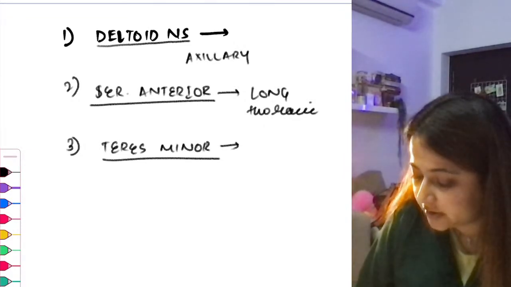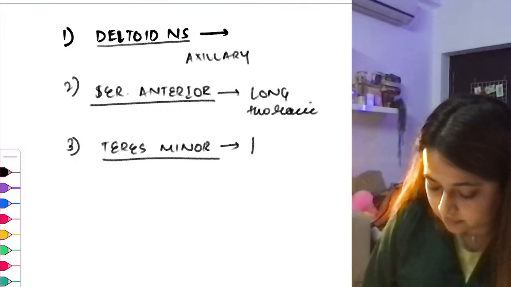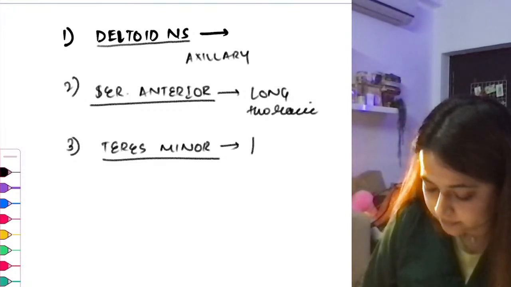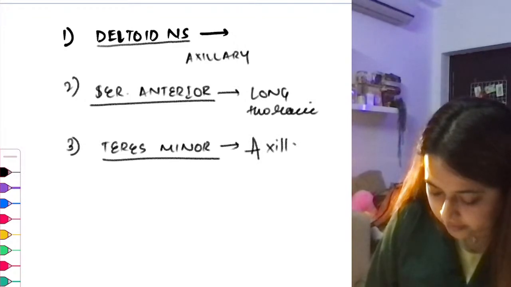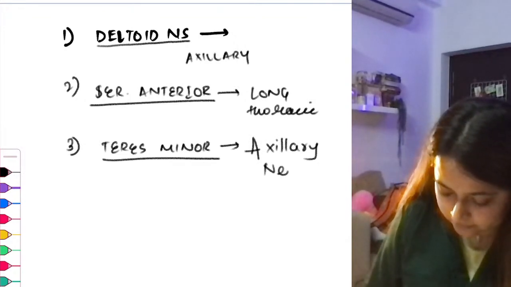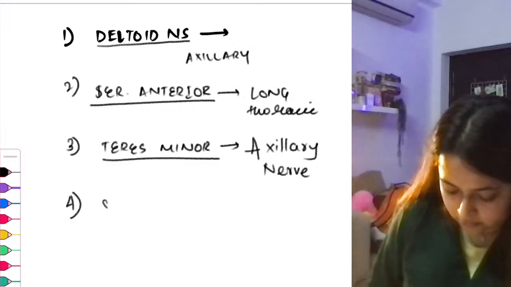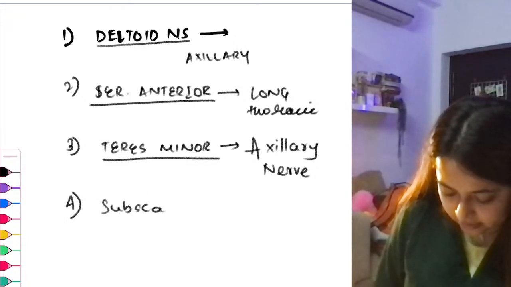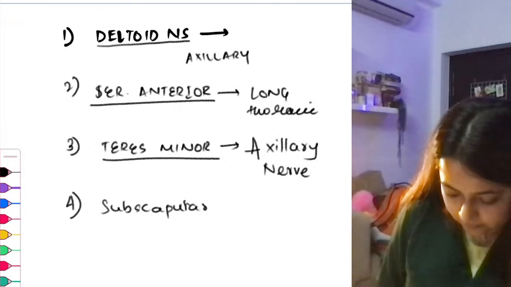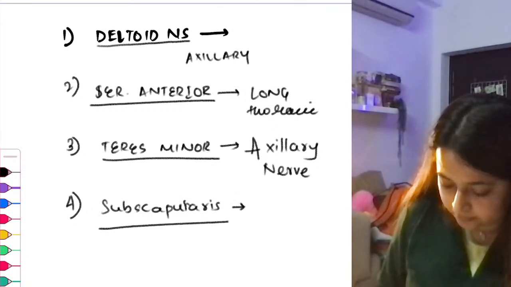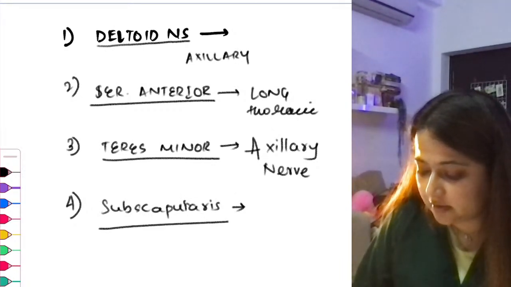The answer to this question is, anyone? Teres minor. Axillary nerve. Exactly. Axillary nerve. Okay. Fourth, subscapularis nerve supply.